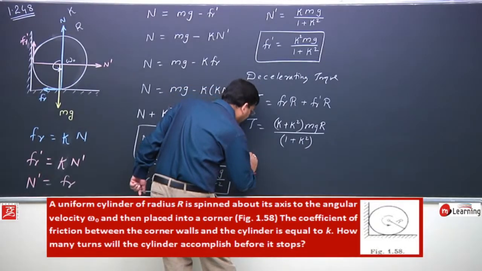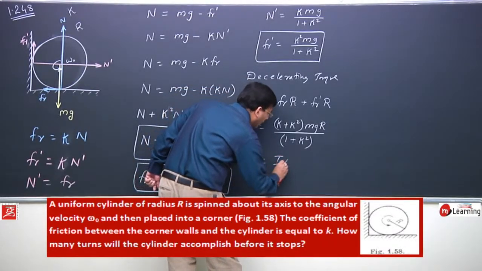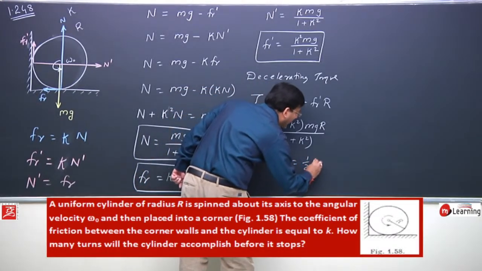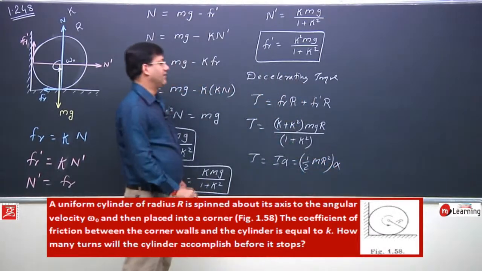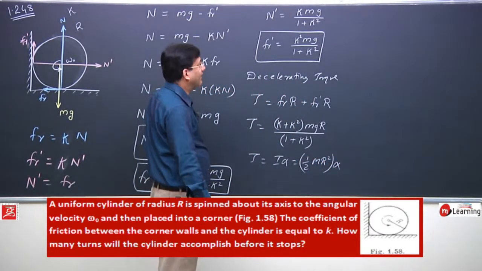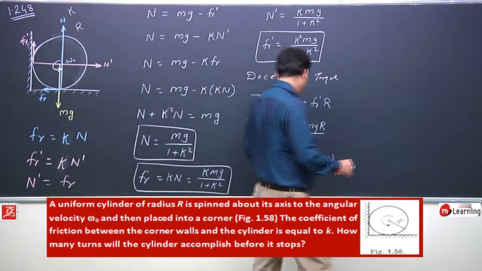This decelerating torque is equal to I alpha. I is half mr square into alpha. I would equate it in order to get the value of alpha.